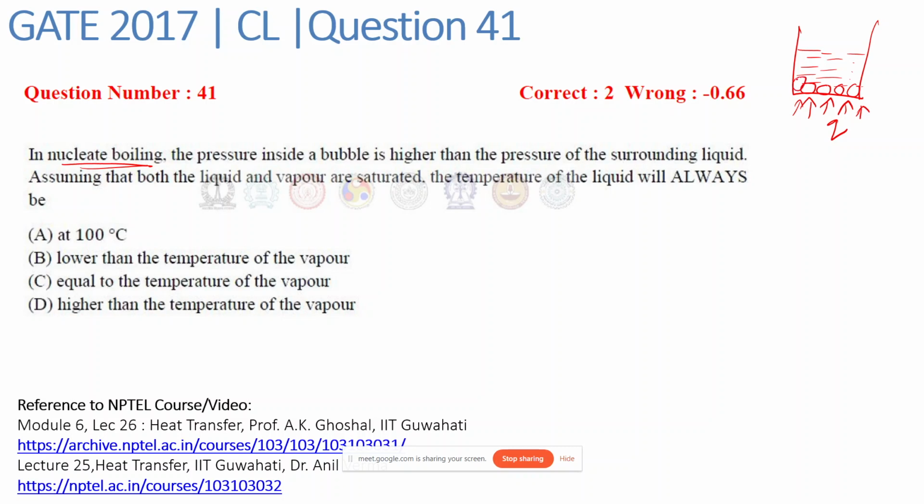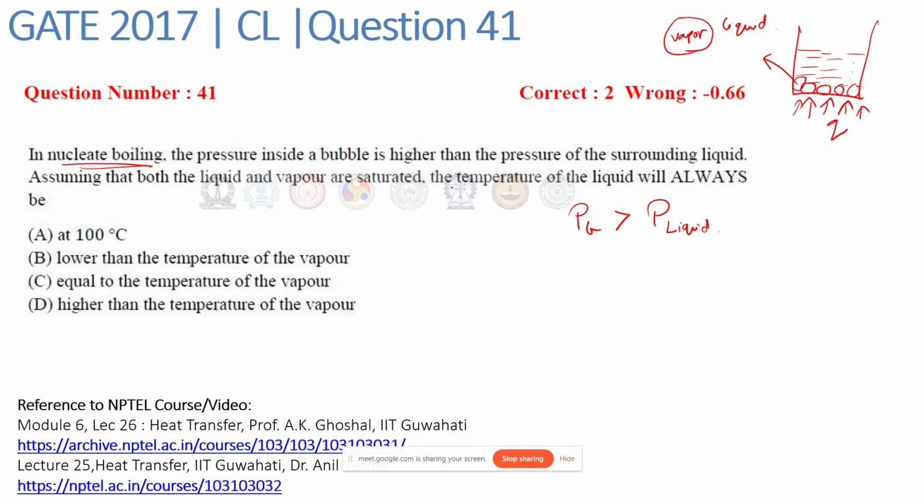If we look at one such individual bubble over here, this will be filled with vapor, and on the outer side it will be liquid. In this question we have been given that the pressure inside the bubble is higher than the pressure of the surrounding liquid, that is Pb is greater than P liquid. This we have been given.